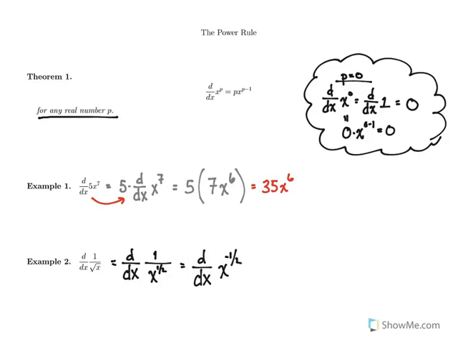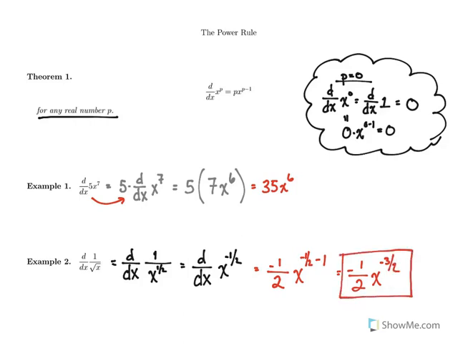So now this looks like x to some power, and the derivative will be, bring the power down out in front, negative 1/2, x, and then we're going to have negative 1/2 minus 1 exponent, which we can write as negative 1/2 x to the negative 3/2 power. And there is our derivative. So this is a rule that we're going to use all the time. It's going to be our most common derivative rule, the power rule.